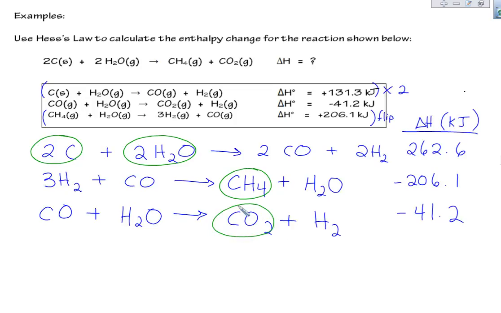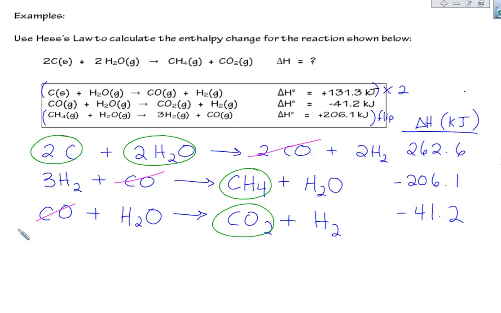I have the reactants and products, but does everything else cancel? There's, again, a bunch of intermediates and some junk in here that I don't want. So let's see what we got. I have 2 carbon monoxide produced in the first step. But I can get rid of 2 from the other steps. We consume them both.